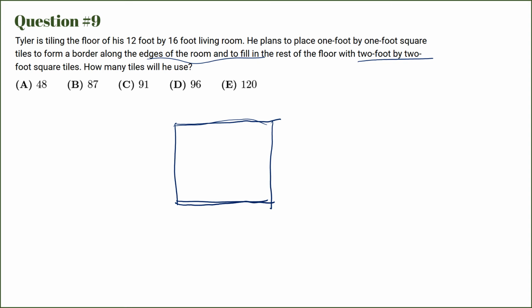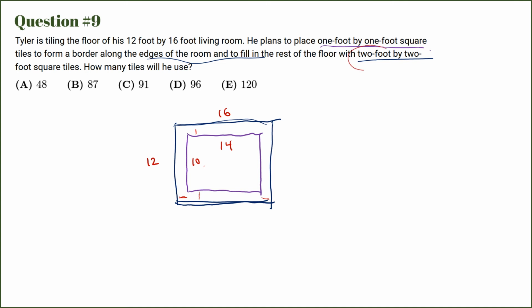Okay, let's draw the 1-foot by 1-foot square border. So this 1-foot by 1-foot square border creates an inner rectangle of, let's label 12, 16, minus 1, so that's 10, and minus 1, that's 14. An inside rectangle of area 10 by 14, so that's 140.